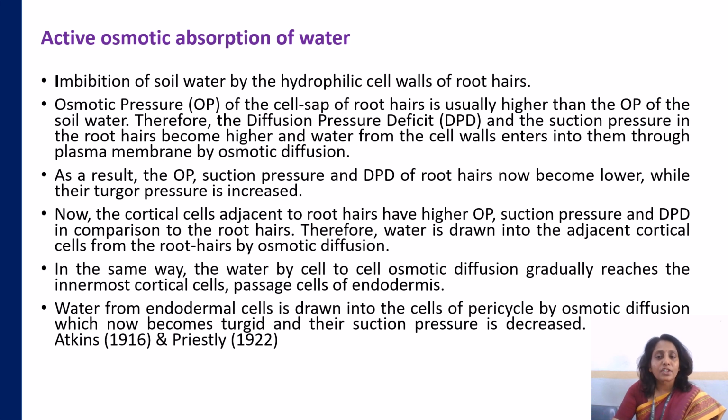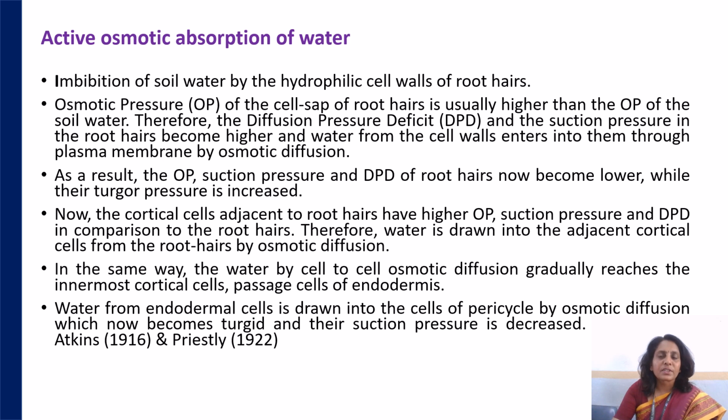Therefore, water is now drawn into the adjacent cortical cells from the root hair by osmotic diffusion. In this manner, water is drawn from one cell to another cell due to the osmotic gradient, and finally it reaches the innermost cells of the cortex lying just next to the endodermis.